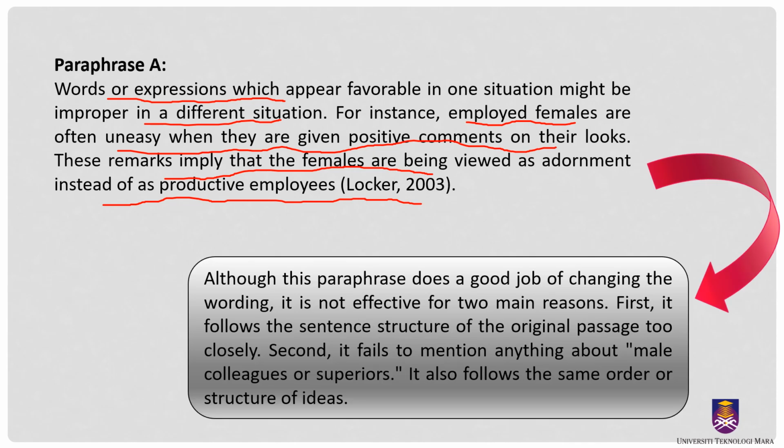Although this paraphrase does a good job of changing the wording, it is not effective for two main reasons. The first one is it follows the sentence structure of the original passage too closely. And second, it fails to mention anything about male colleagues or superiors. It also follows the same order or structure of ideas.